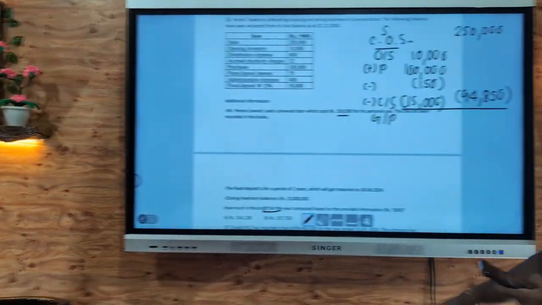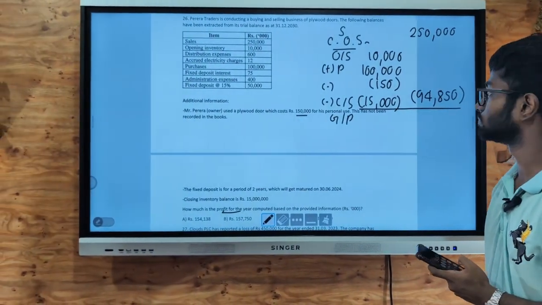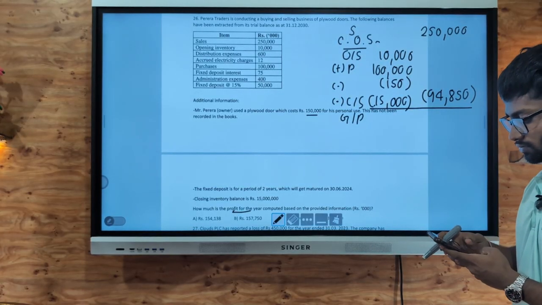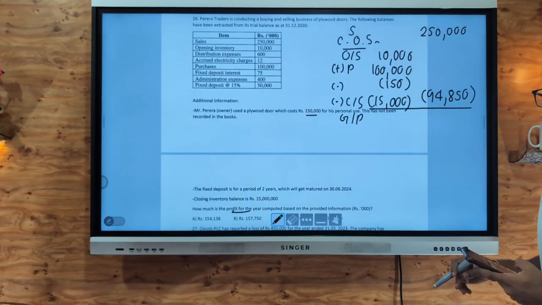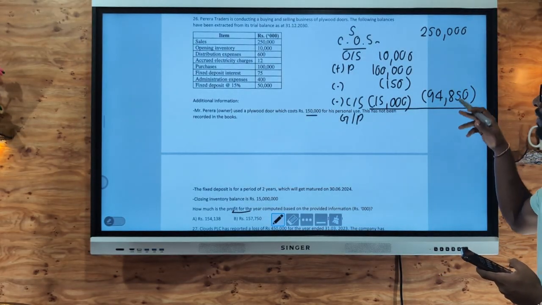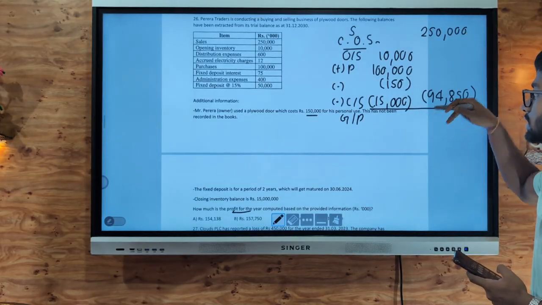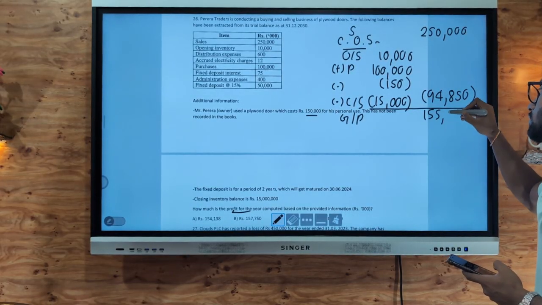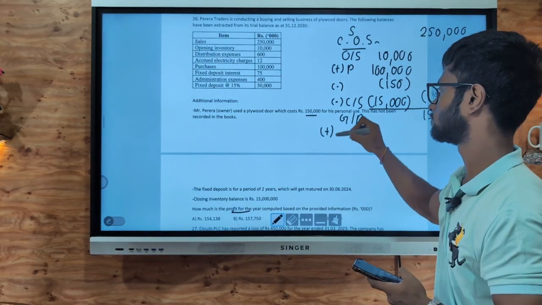From this we have to deduct the sales, then we arrive at gross profit. So we get the cost of sales. From cost of sales we have to deduct the sales, then we get the gross profit as 155,150. Then to this we have to add the other income.